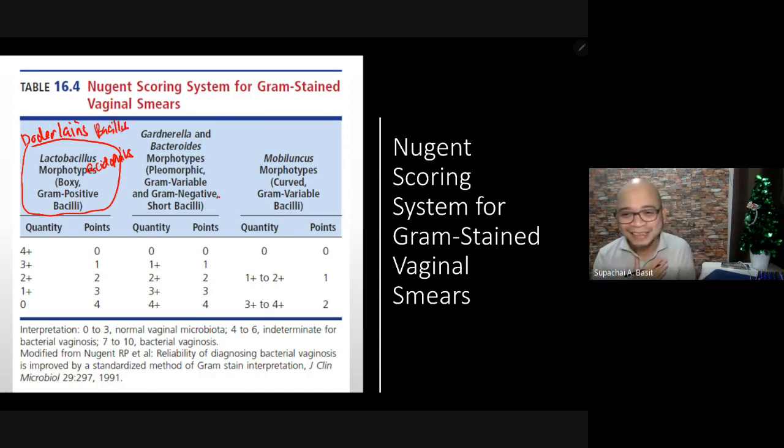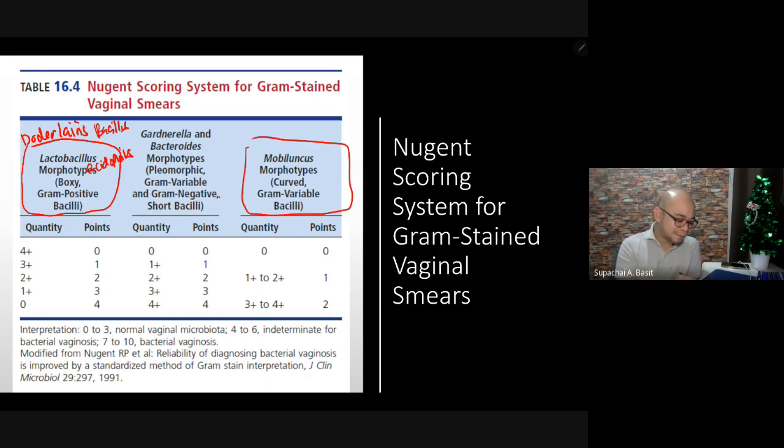This is what the women need in the vagina. So for gram variable bacilli, we have the Mobiluncus morphotypes. Lactobacilli are the big gram-positive bacilli. Mobiluncus is the curved gram-negative bacilli.